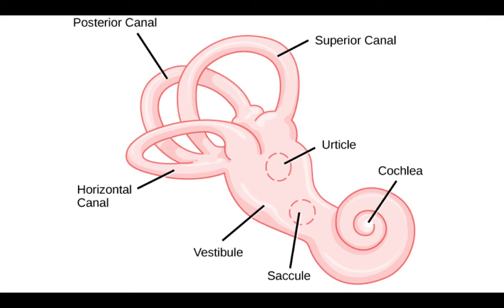So you remember the outer ear, the middle ear with the three little bones, and then the inner ear is this whole structure with the cochlea for hearing, and then the vestibular sacs, that's the utricle and the saccule, and then the three canals that kind of give the three dimensions of our movement through space.